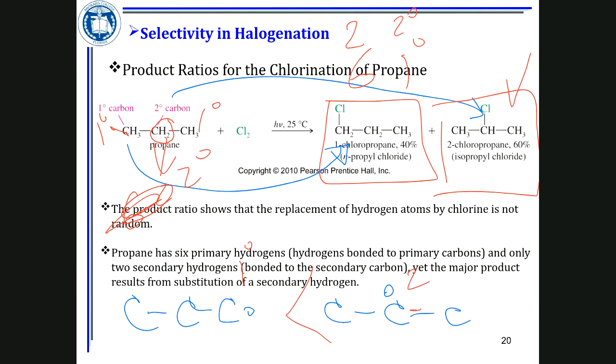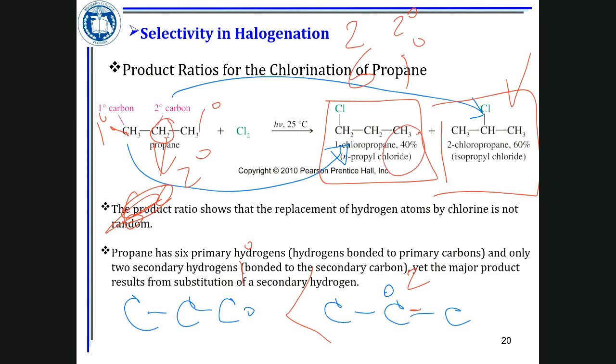So going back, we have 6 primary hydrogens responsible for 40% of the product.